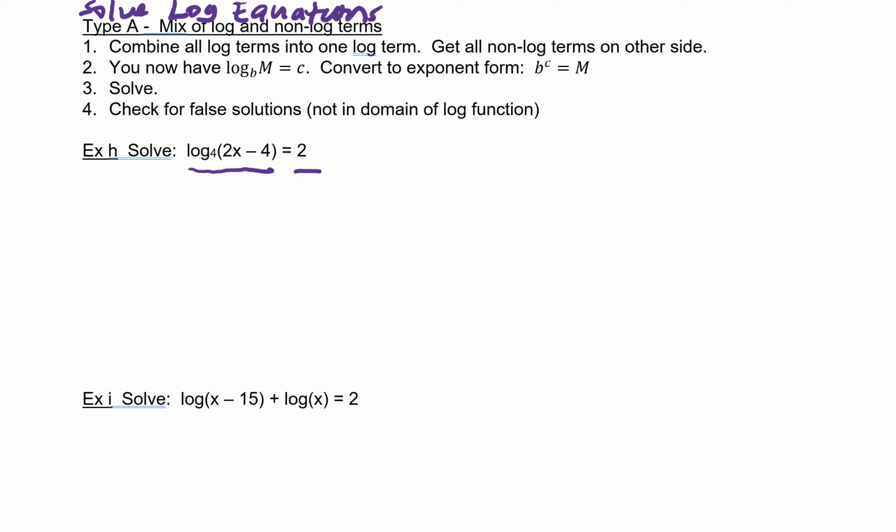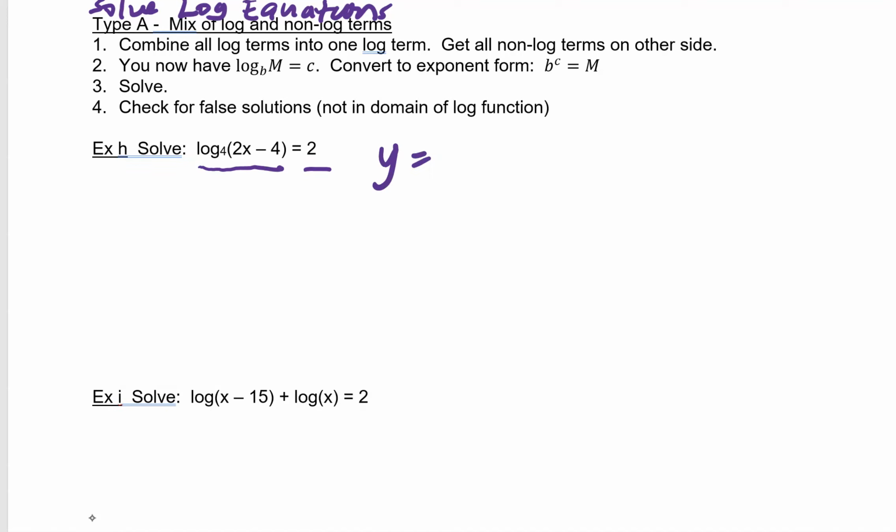So we'll have to use the conversion between exponent form and log form. And that conversion pair is y is equal to log base b of x is equivalent to b, the base, raised to the y power is equal to x. And what that means is that wherever we see the base in the log, it will serve now as the base of the exponent equation.